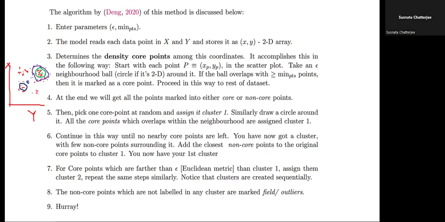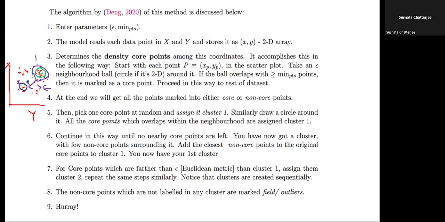Now for core points which are farther than epsilon, note that we are using the Euclidean metric. This is cluster 1. So points that are here are farther than epsilon, so we assign them cluster number 2. We repeat the same step similarly.